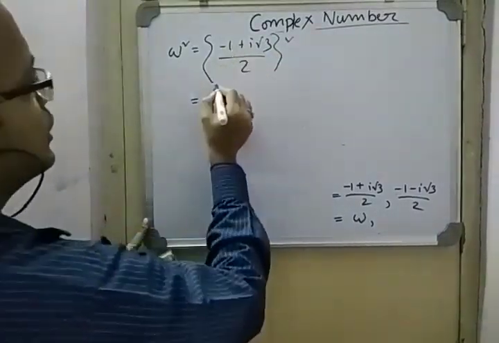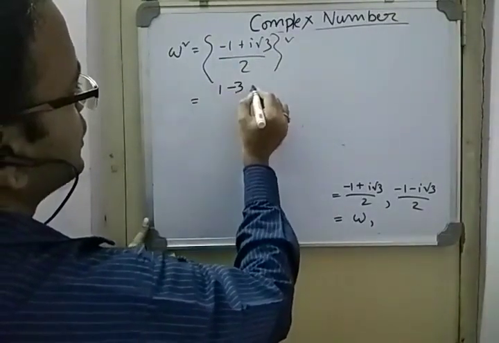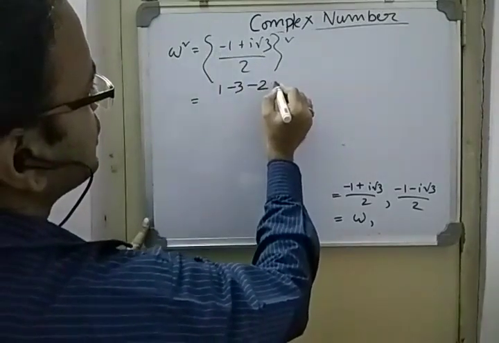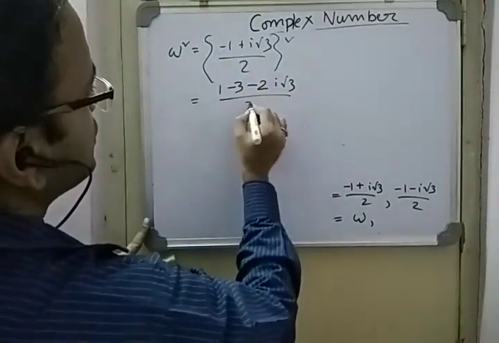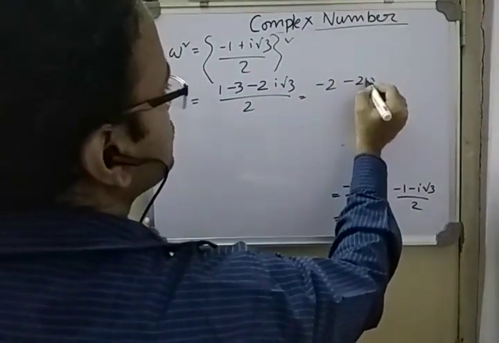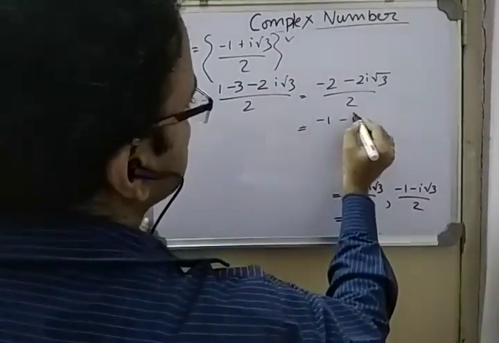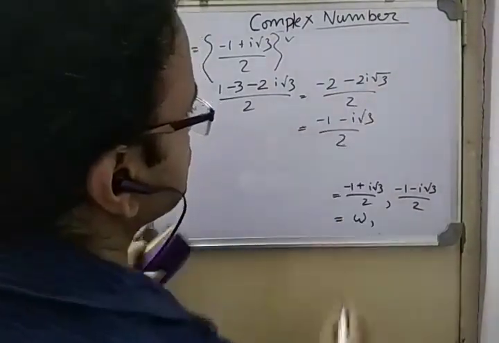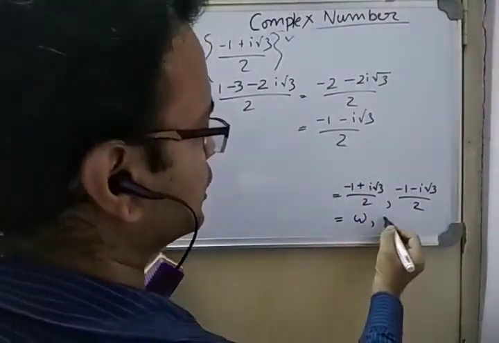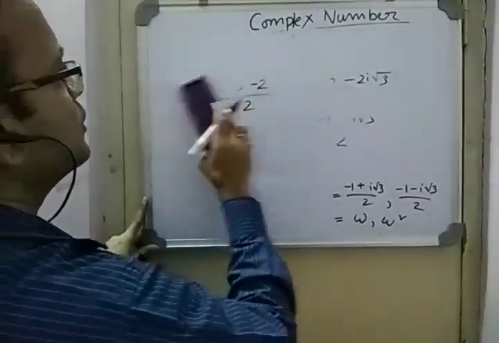Using a square plus b square plus 2ab, with i square as minus 1, we get minus 1 minus i root 3 by 2. See, the other root comes. So when you take one of the roots as omega, omega square is the other root.